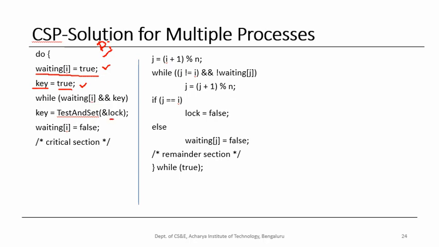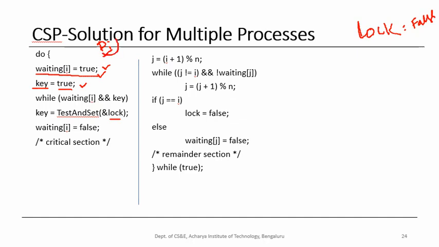Here we are making use of another variable, lock. As I told you earlier, the lock value is equal to false, and all the elements of this array are initially set to false. Now Pi is making that true in order to show its intent to enter into the critical section.